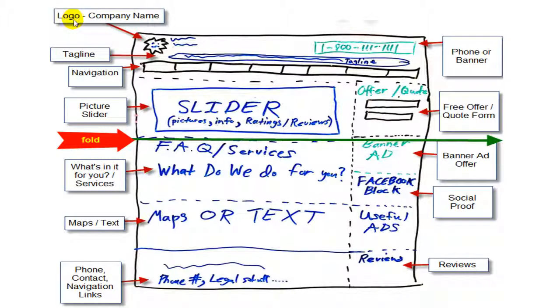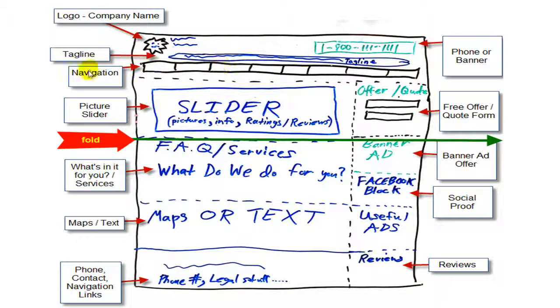And at the top here, we've got the logo, and then we've got a phone or banner ad. And if you put a banner ad, I'd recommend that you link it somewhere within your site, something educational if you're just starting out or you're building your brand.